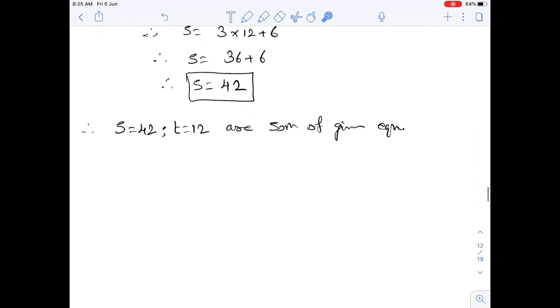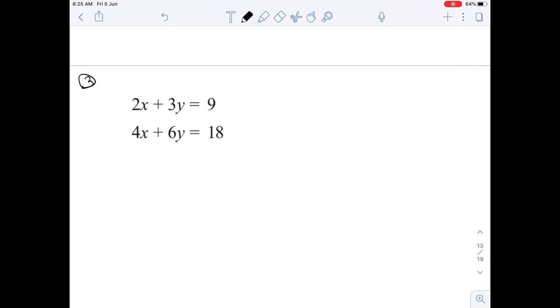Now let us solve our next question. Question number 3. Now our regular procedure, first we'll number these equations.